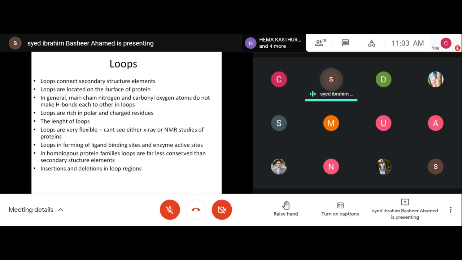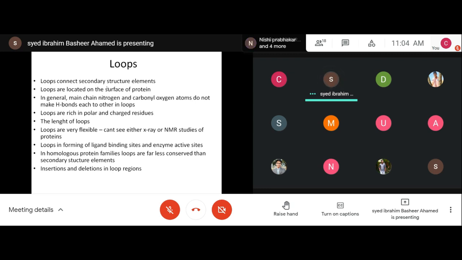The loop region does not involve hydrogen bonding like alpha helices and beta strands. Alpha helices and beta strands have a regular pattern of hydrogen bonding, but a loop doesn't have any hydrogen bonding pattern. Some residues in the loop region may be involved in hydrogen bonding with adjacent residues, solvent molecules, or metal atoms.